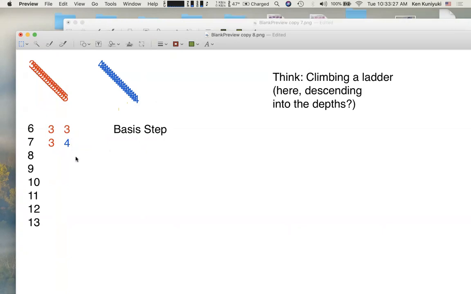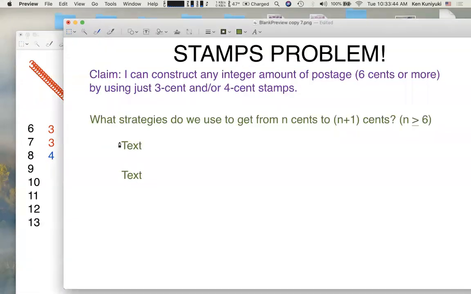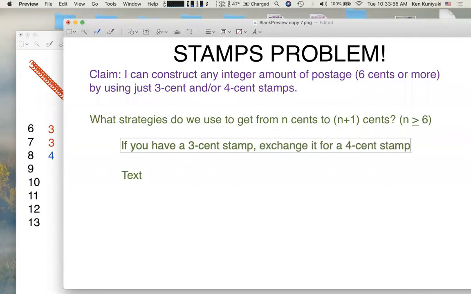So we're descending that ladder. How do we go from 7 cents to 8 cents? Well, we'd keep that 4-cent stamp and we change the 3-cent stamp into a 4-cent stamp. So one of the strategies seems to be, if you have a 3-cent stamp, exchange it for a 4-cent stamp.